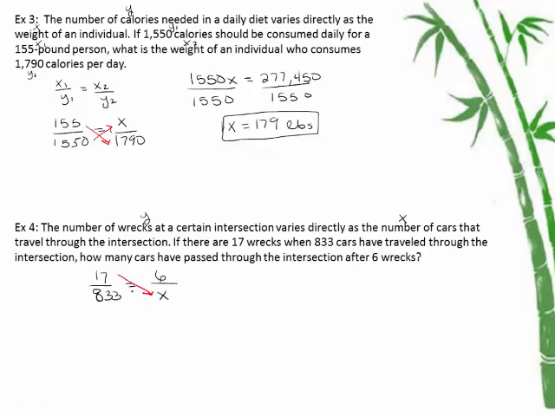We'll cross multiply again. And I have that 17x is equal to 833 times 6, which is 4,998. Divide both sides by 17. And x is equal to 294 cars.